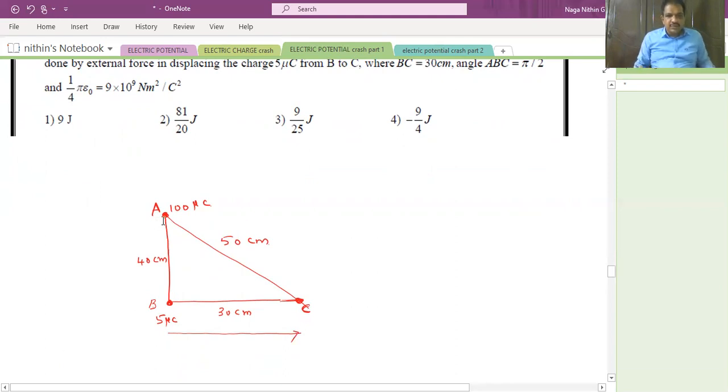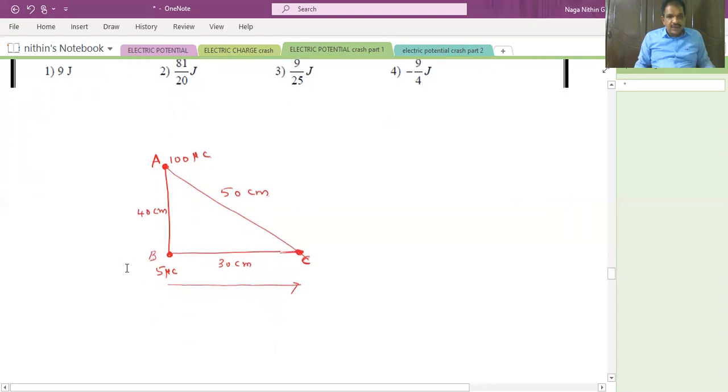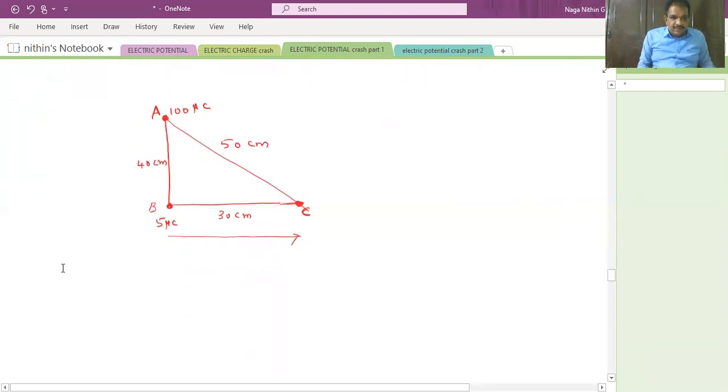W is equal to V into Q. V is the potential difference, which the 100 microcoulomb will create. Because of this 100 microcoulomb, how much potential is there at B? At C how much potential is there? You calculate. From that we can find the work done.